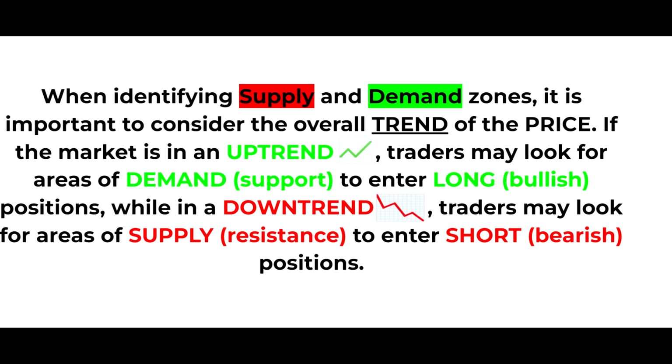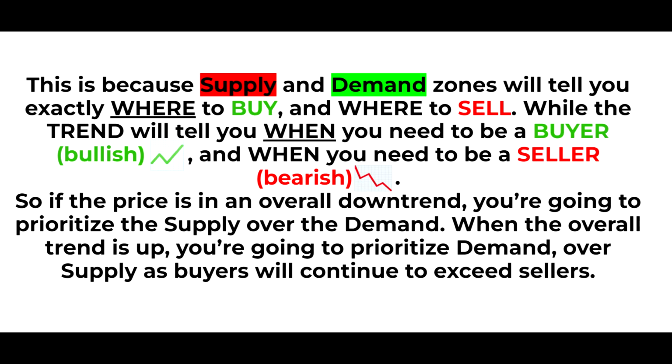If the market is in a downtrend, you as a trader want to look for areas of supply or resistance to enter short positions. This is because supply and demand zones will tell you where to buy and sell, right? So supply and demand will tell you exactly where in the location of the chart you're going to be a buyer and when you're going to be a seller.